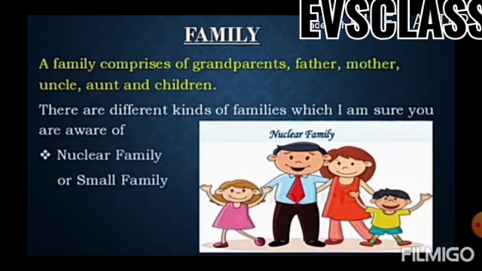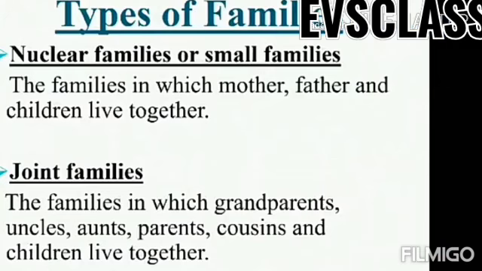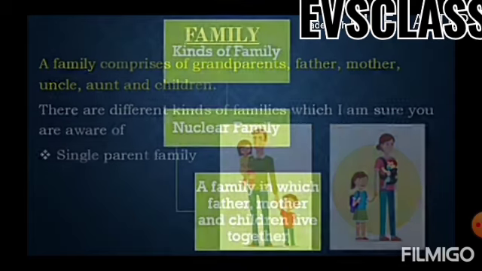Nuclear families are the families in which mother, father, and children live together. And if I talk about joint family, it is the family in which grandparents, uncles, aunts, parents, cousins, and children live together.